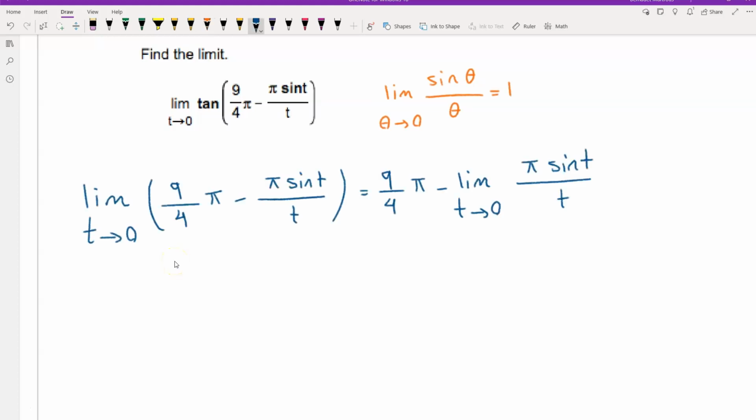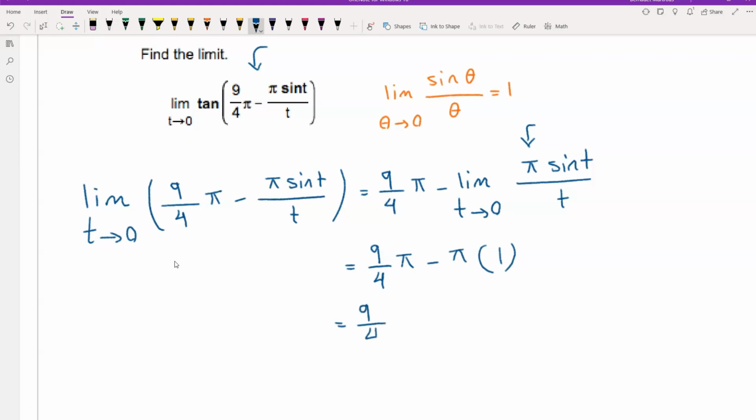First, I'm going to find the limit of 9 divided by 4 pi minus pi sine t divided by t as t approaches 0. That is equal to 9 divided by 4 times pi, minus the limit as t approaches 0 of pi times sine t divided by t, and this is equal to 9 divided by 4 times pi, minus pi times the limit of sine t divided by t as t approaches 0, which is equal to 1.